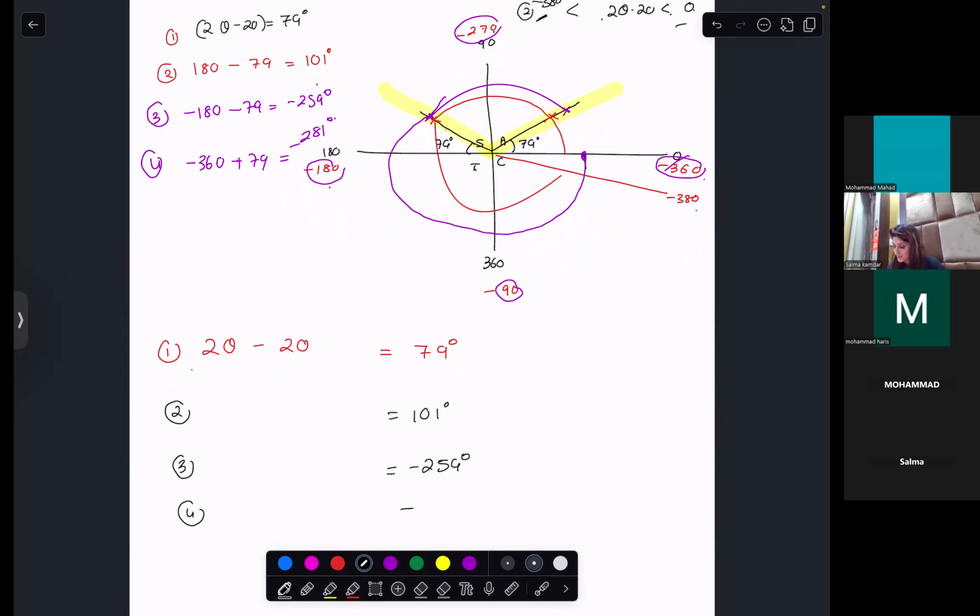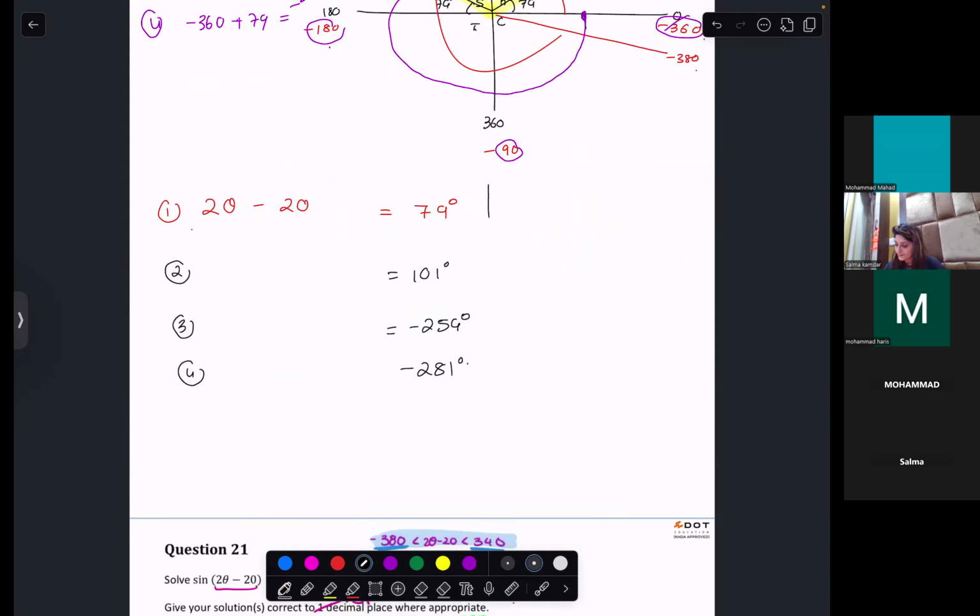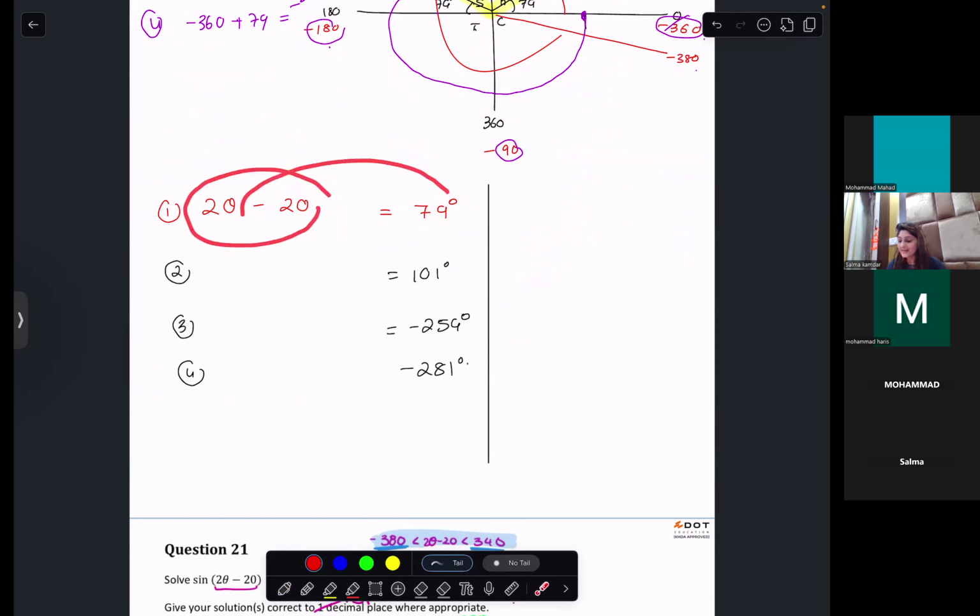And the fourth angle is minus 281 degrees. Are you with me? It's not ending over here, please. These are the equivalent angles for the transformation. The values of all these angles will be the same.